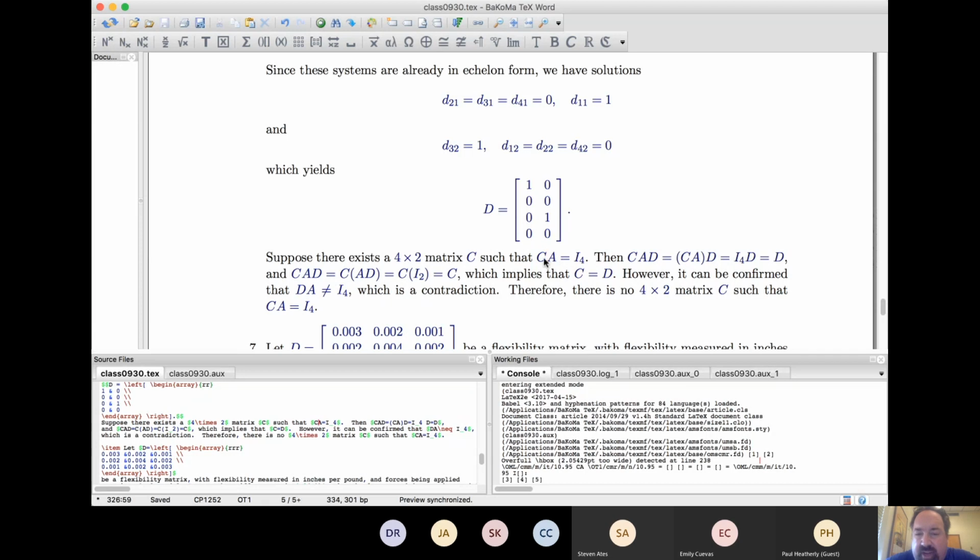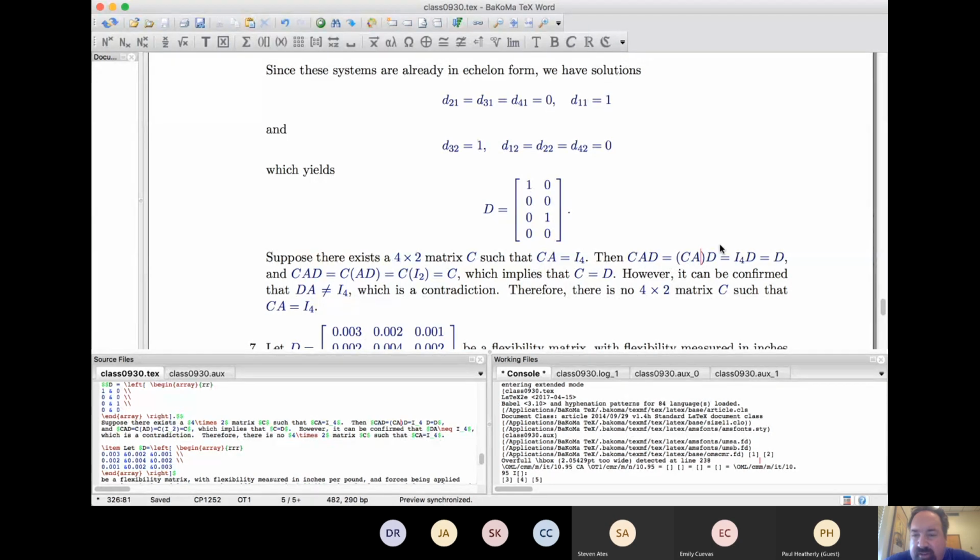So here's what I can do. I can take this equation, C times A is identity, and multiply both sides on the right by D. Matrix multiplication is not commutative, but it is associative, and I can use that to advantage here. So I have C times A times D. What I can do is associate the C and the A together.